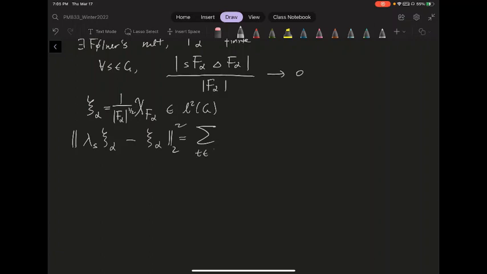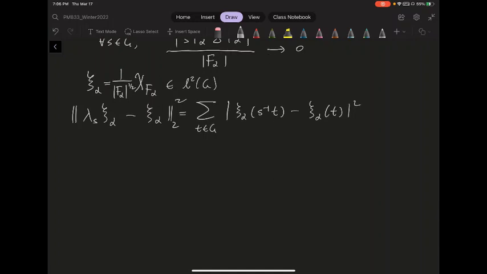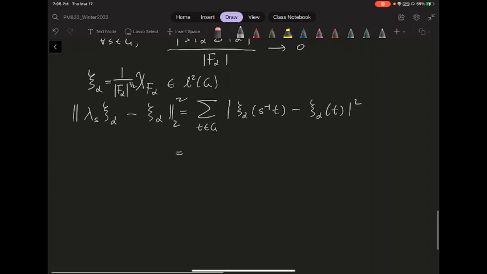For every t inside G, you consider the value of psi alpha at s inverse t, take the difference with psi alpha of t, the whole thing squared. Let's just write down the definition. This is essentially the summation over t inside G, and for psi alpha you have a constant of size of F alpha to the half, and you take the square.